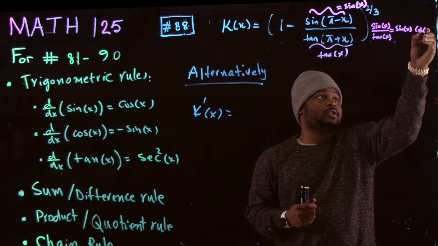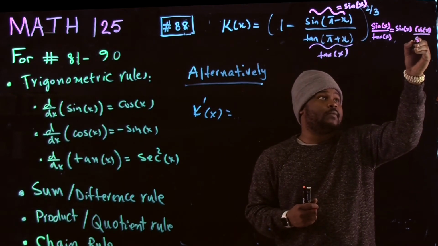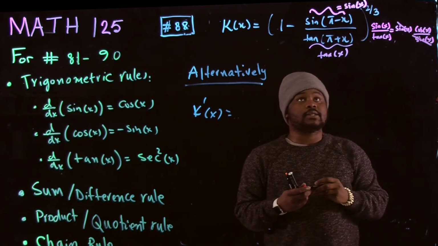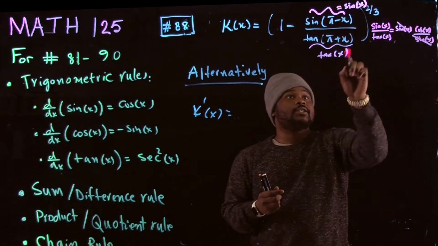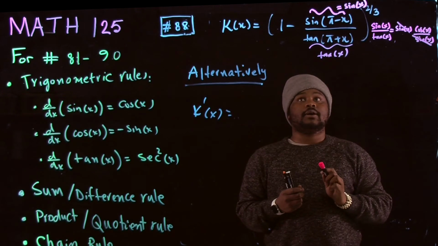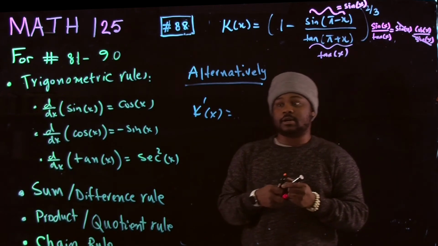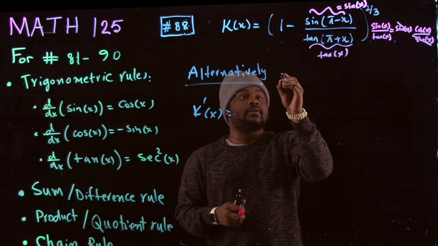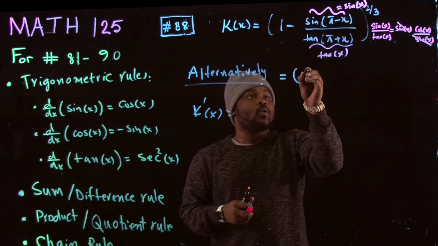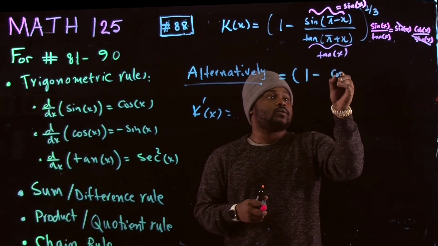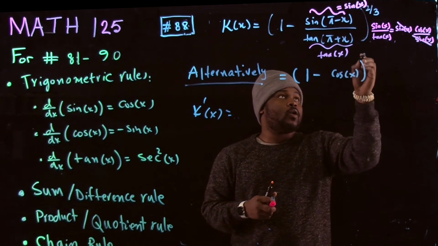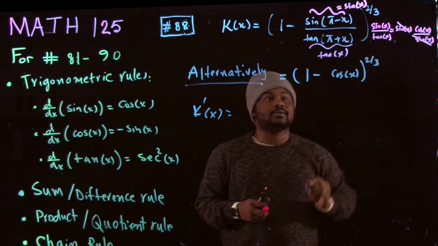So I'm going to have cosine of x over sine of x. Now this sine of x cancels this sine of x. So actually everything here just becomes cosine of x. Now that is much easier. So then I can write this as 1 minus cosine of x all raised to 2/3.